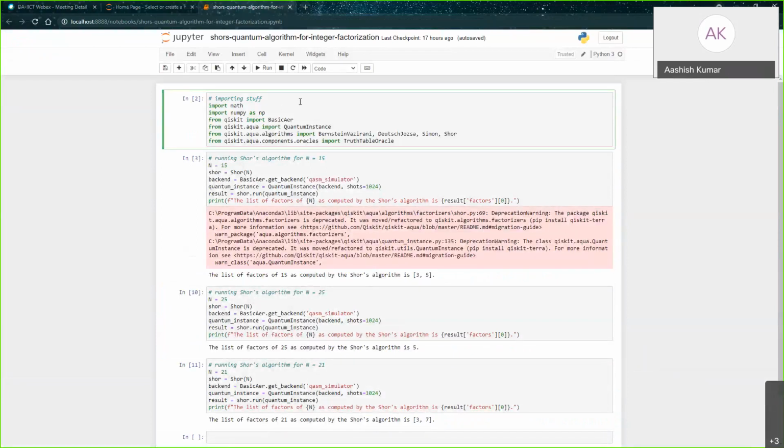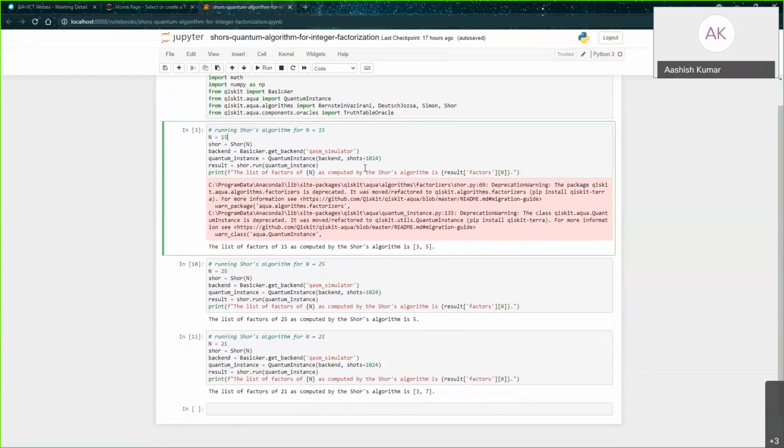So I use this library called Qiskit, which is being provided to get a gist of how quantum computation would be. And it has implemented a lot of algorithms, including Shor.